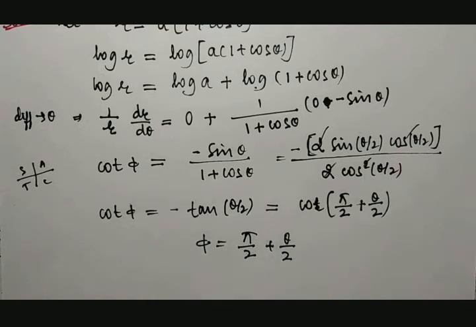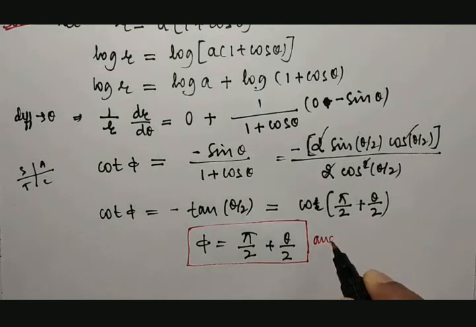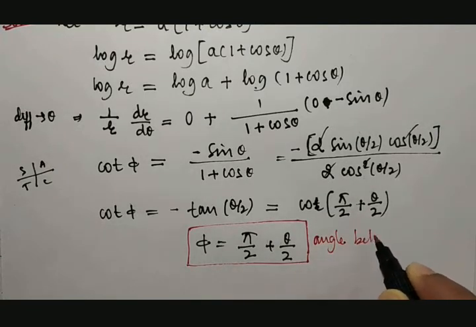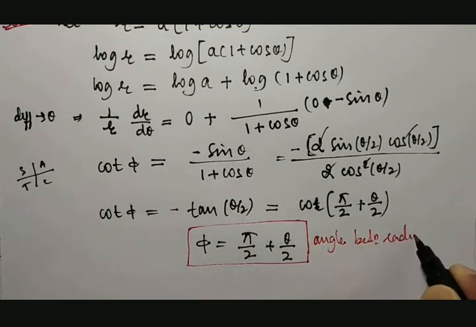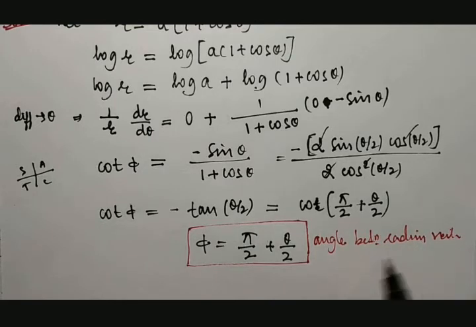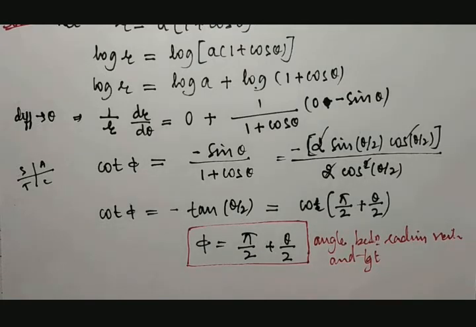So this is the result. This result indicates the angle between radius vector and tangent. Fine.